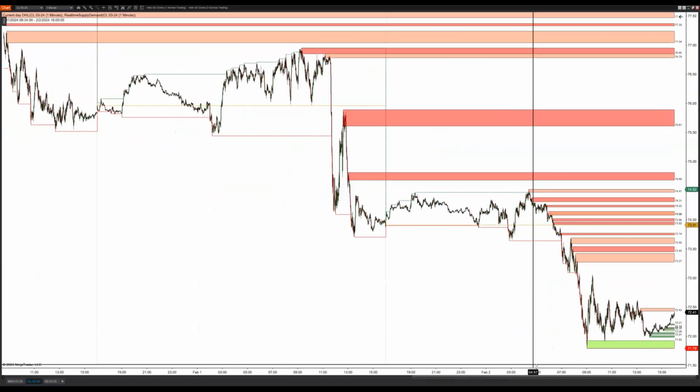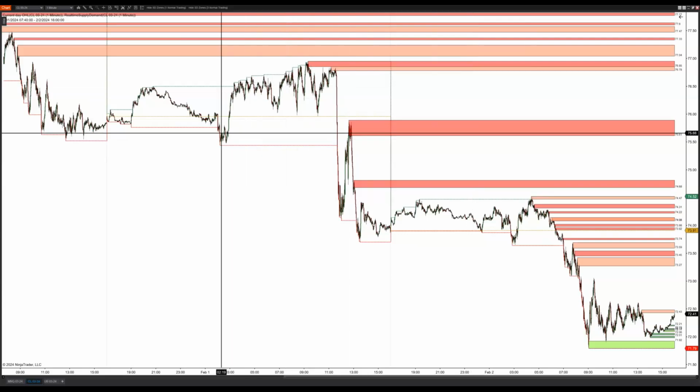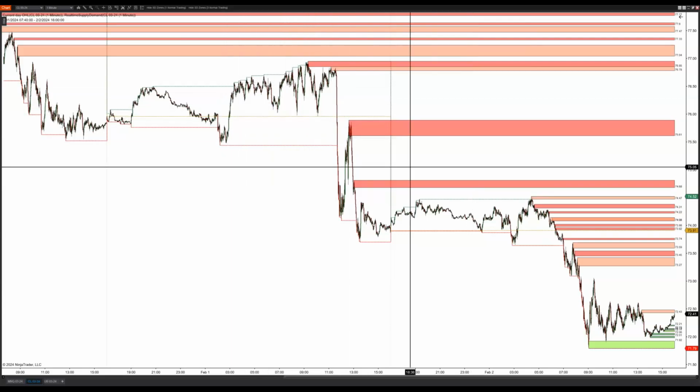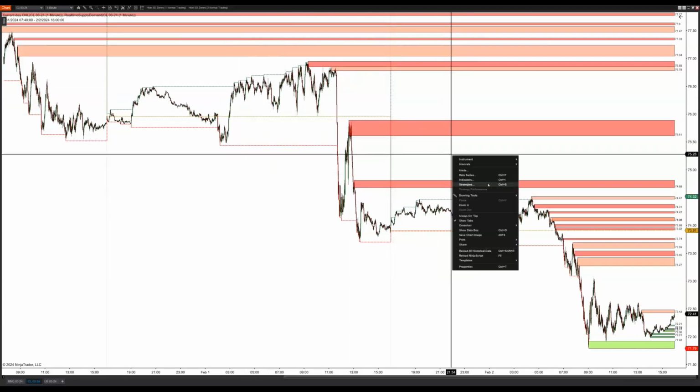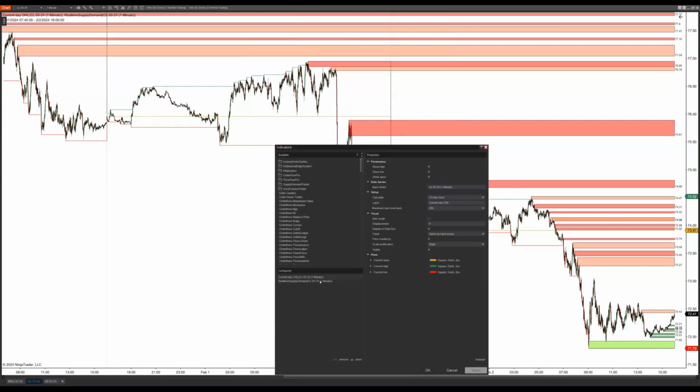Because this looks like, oh, this is the greatest thing since sliced bread, but it's not. There's demand zones coming in here, and here is just not being drawn out, right? And that's the important thing.